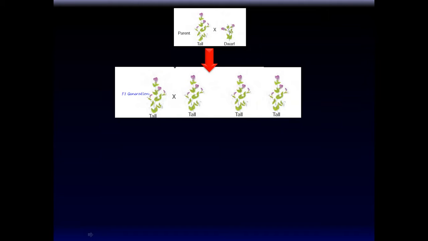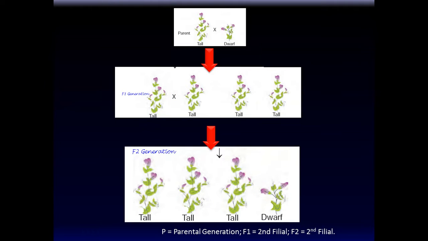If he crossed this tall plant with another tall plant, the F2 generation, just like with the green and yellow seeds, showed a resurgence of the dwarf plant in a 3 to 1 ratio. Three quarters of the plants would be tall and one quarter would be dwarf again. This suggests again that the tallness gene is dominant and the dwarf gene is recessive.